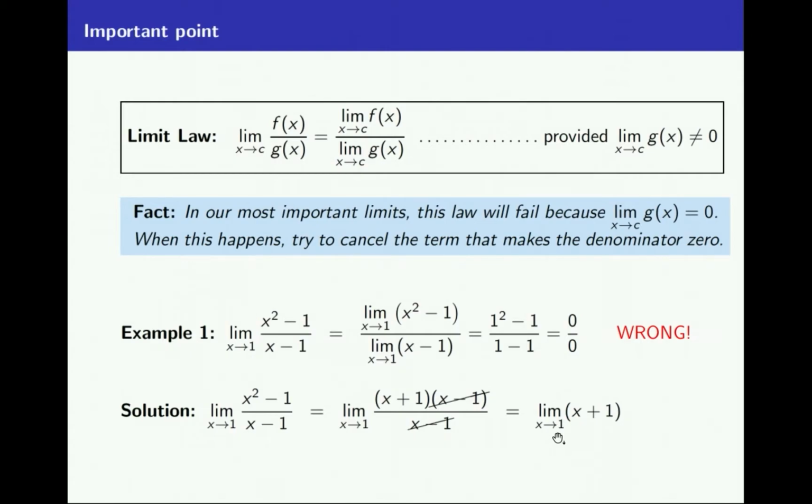But we've arrived at a limit in which there's no denominator. We're not getting this problem of the denominator turning into 0. And in fact, this is the limit as x approaches 1 of a polynomial x plus 1. We know we can just plug in 1, and we get an answer of 1 plus 1 equals 2. So what happened in this limit, where we had to use an algebraic simplification before evaluating the limit, will be typical of all of our examples today.